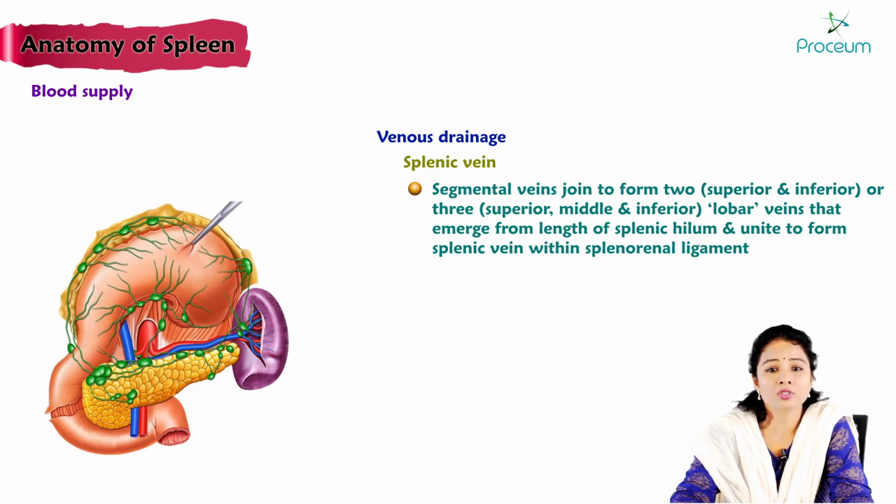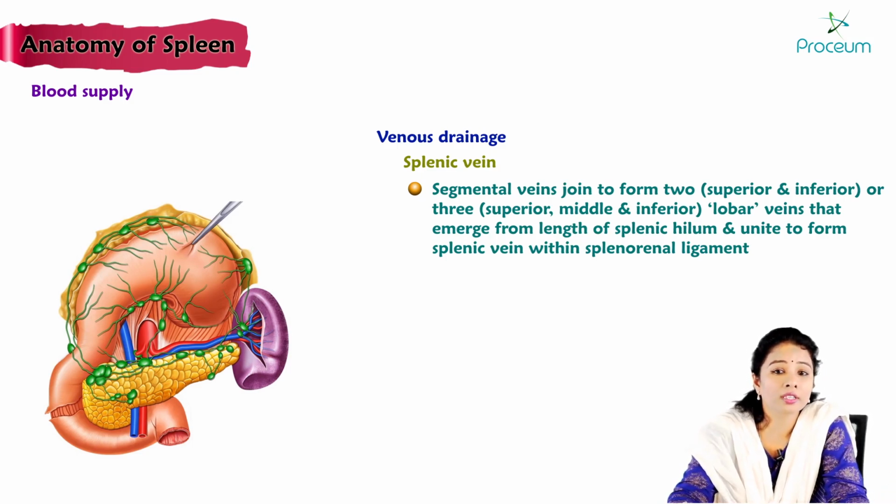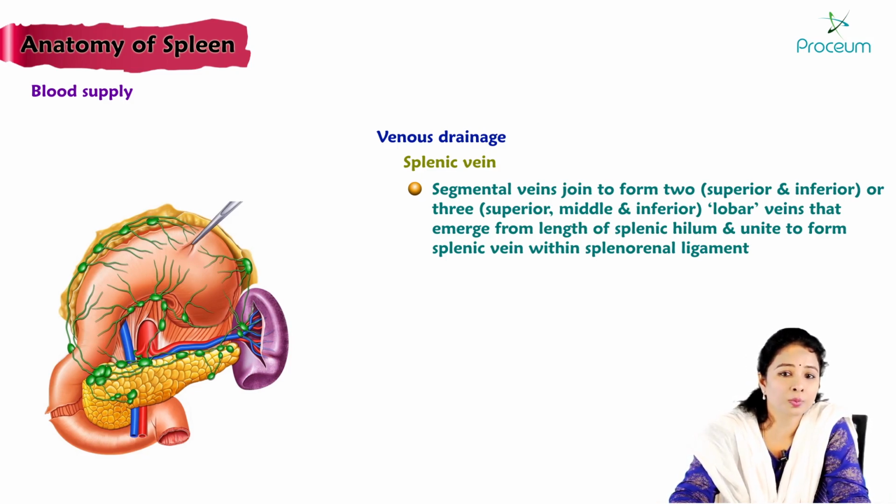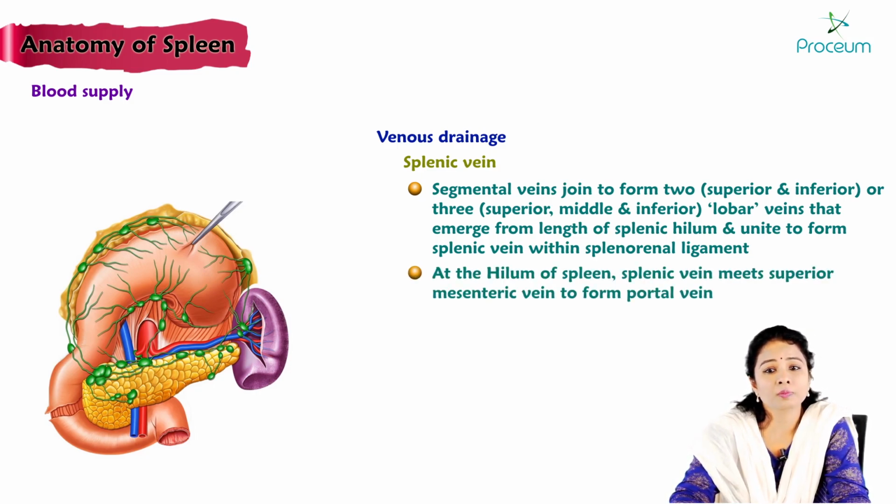So segmental veins join to form 2 veins, superior and inferior, or they may join to form 3 veins which are superior, middle and inferior lobar veins, and these emerge from the length of the splenic hilum and unite to form a splenic vein within the splenorenal ligament. And at the hilum the splenic vein meets the superior mesenteric vein to form the portal vein.